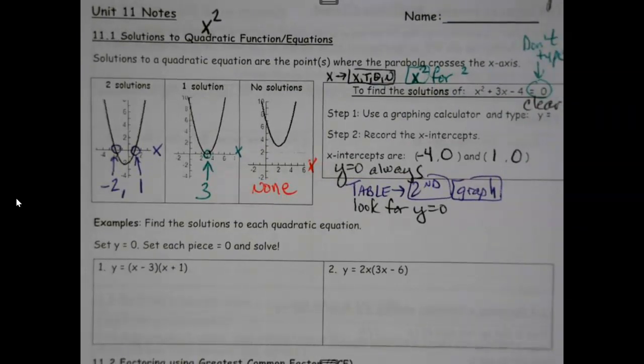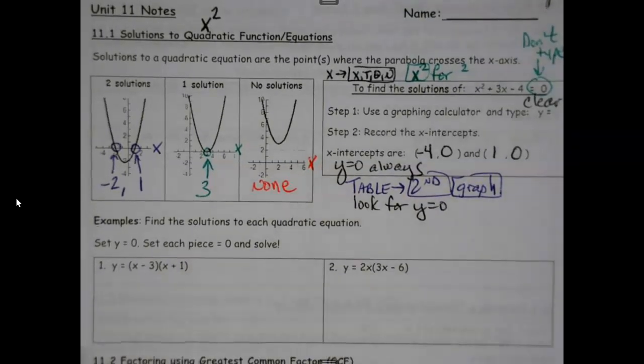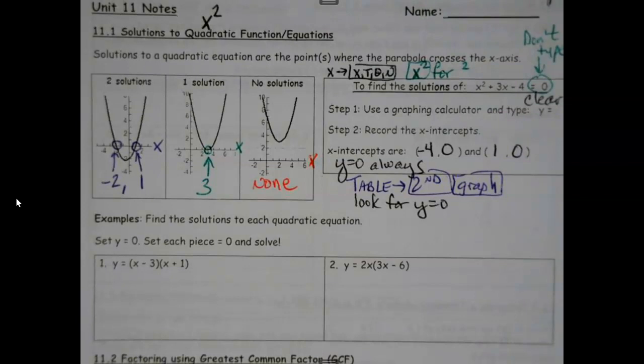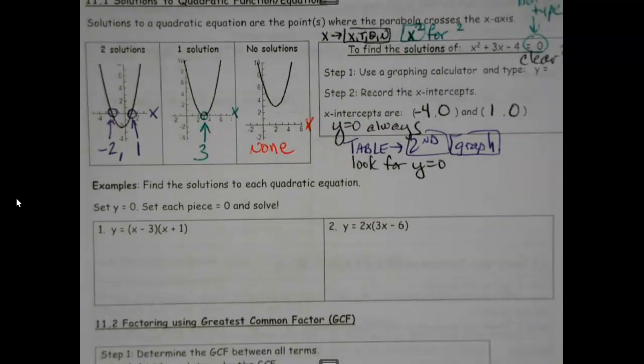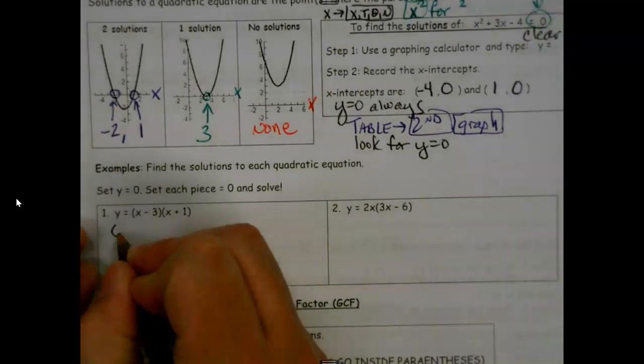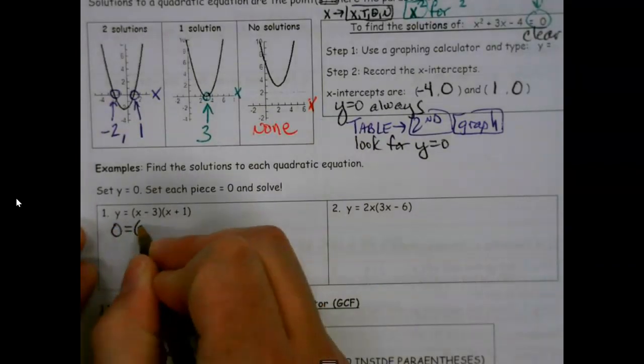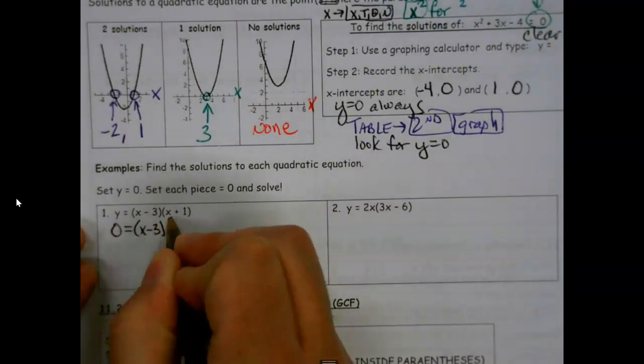My other option, if I don't have a picture, okay, is to set the y equal to 0, set each piece equal to 0, and solve using algebra. What's that look like? Okay, so we plug in 0 for where the y is at. That's my first job.